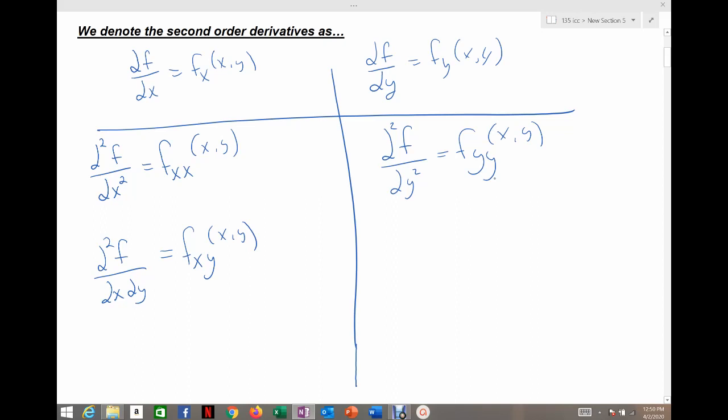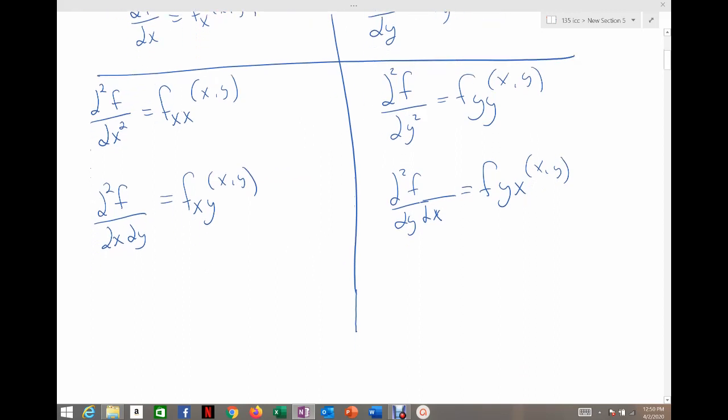Or I could take the second derivative of my function with respect to y and then with respect to x. So that means f sub y, x, which means I took my derivative in that order, y first, then x.